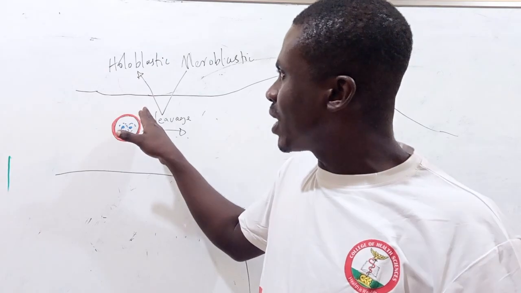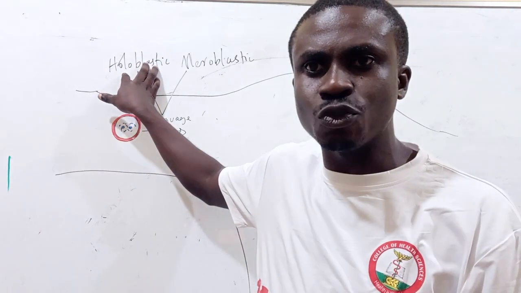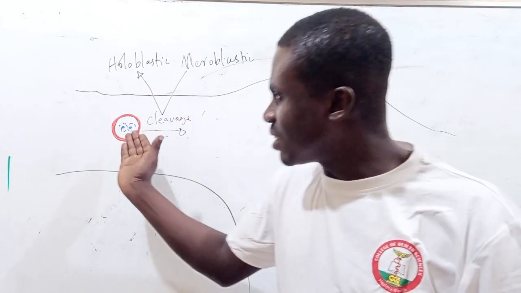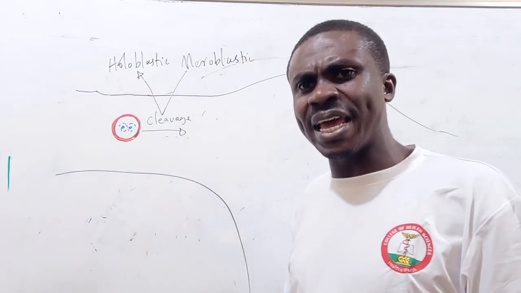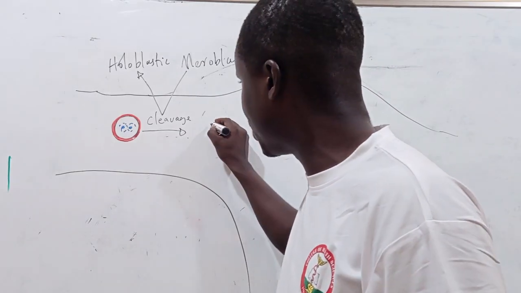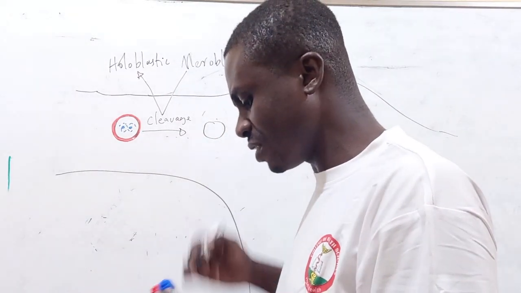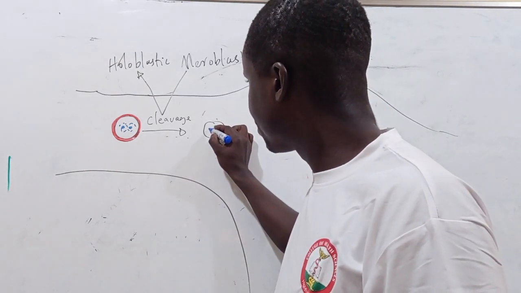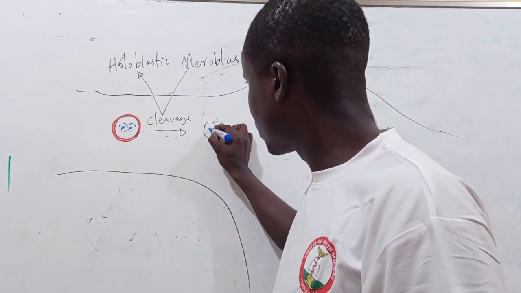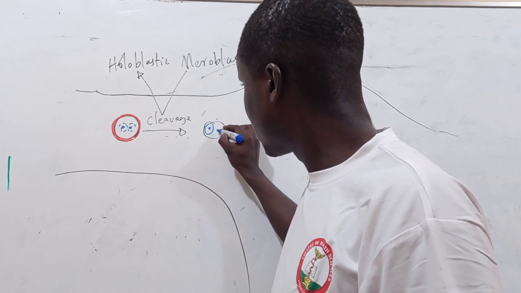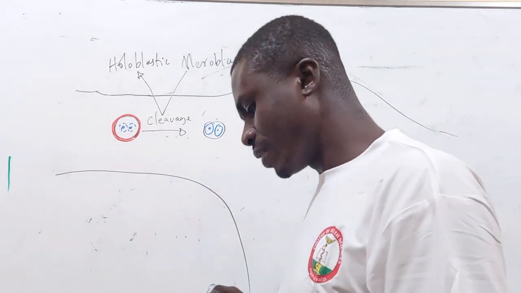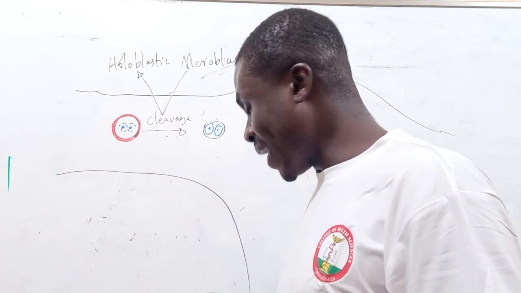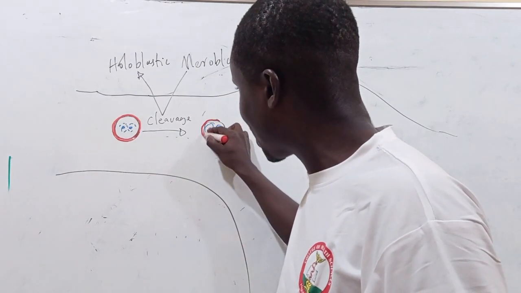Now, in the case over here, which we are saying is holoblastic, one thing I want you to know is that from cleavage, we are going to get, let's say, a 2 cell stage. Let's say I have this. Still, you should be aware that I will still have my zona pellucida intact.